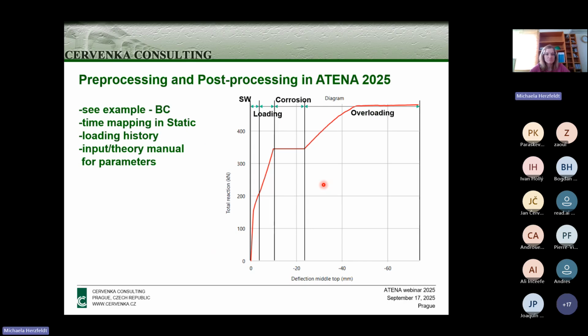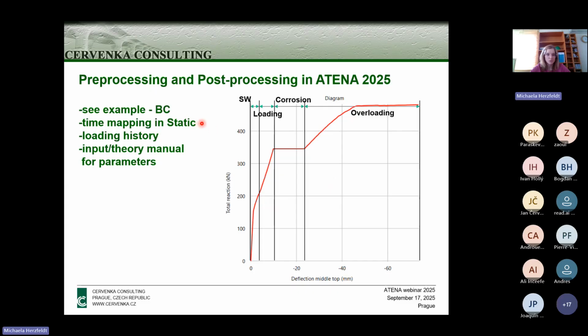So now, I mean, it was a lot of theory, a lot of parameters, and I would like to jump into preprocessing, and later when it's calculated, also the post-processing of such an analysis of chlorides and carbonation. So I will show you in preprocessing how to define the boundary conditions.